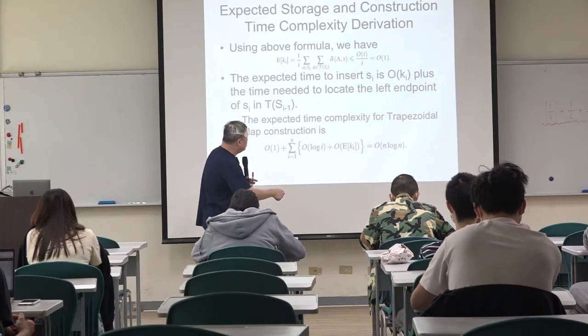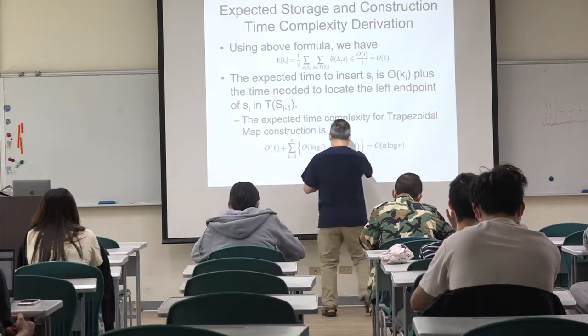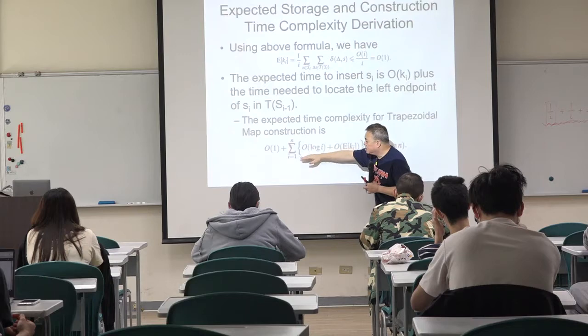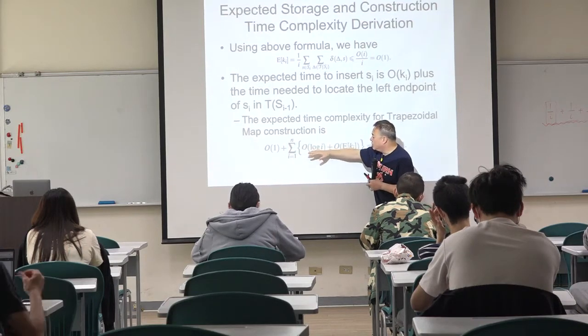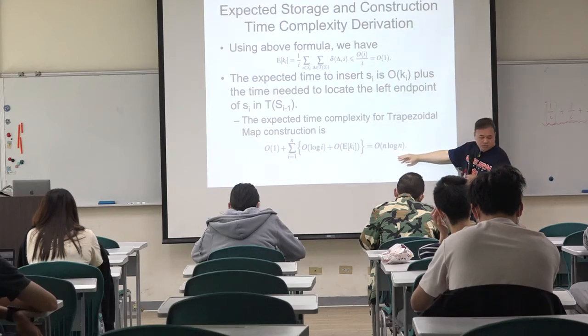Plus big O of expected kappa I, which is a constant. Compared to the log term it can be ignored. So the summation of big O log I is big O of n log n.